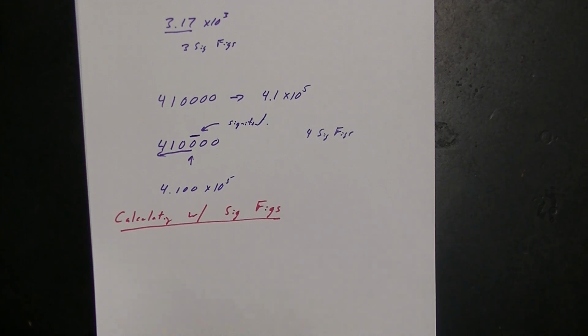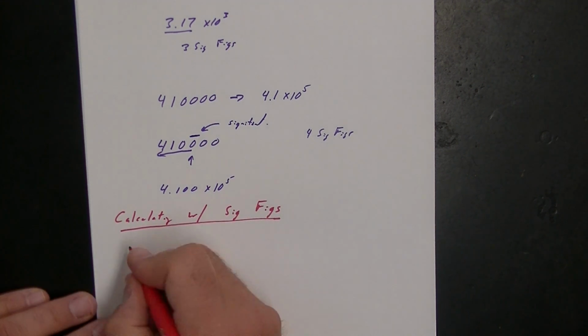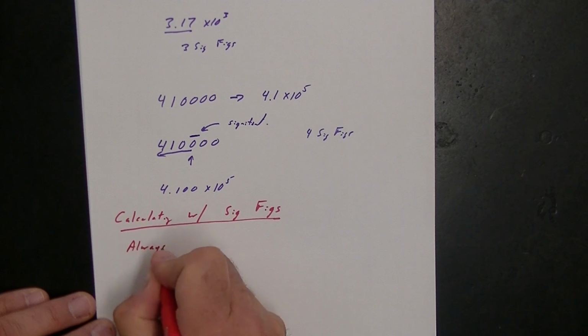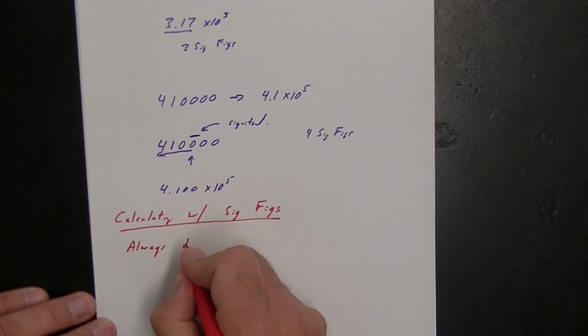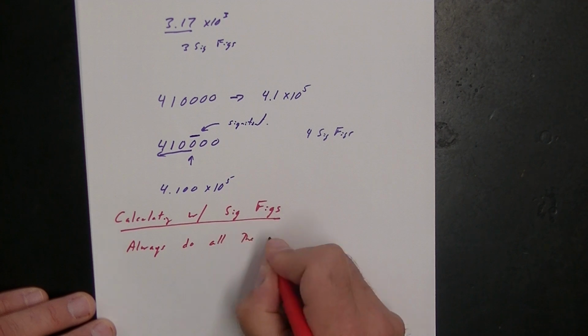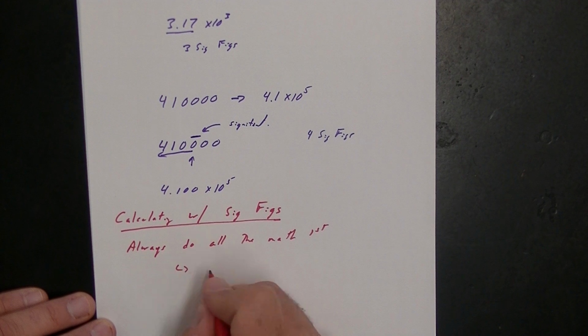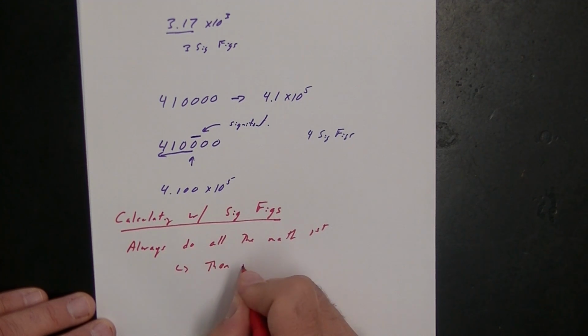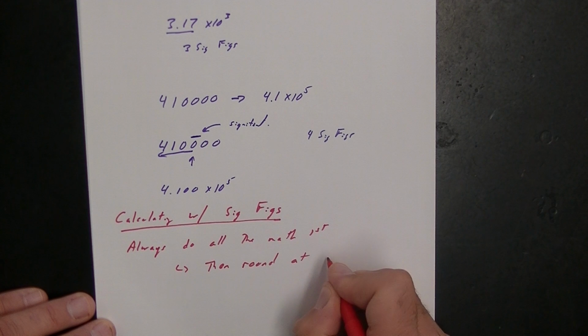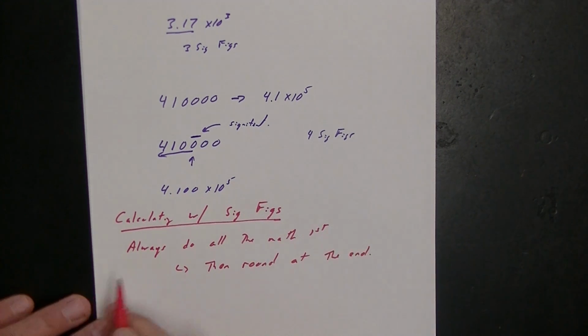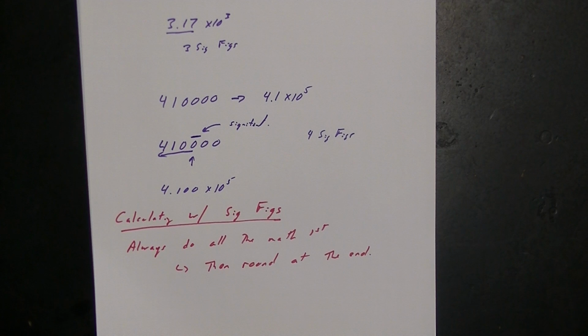You carry all those numbers out until you get to the very end. At the end is when we round. So always do all the math first, then round at the end. That's very important.